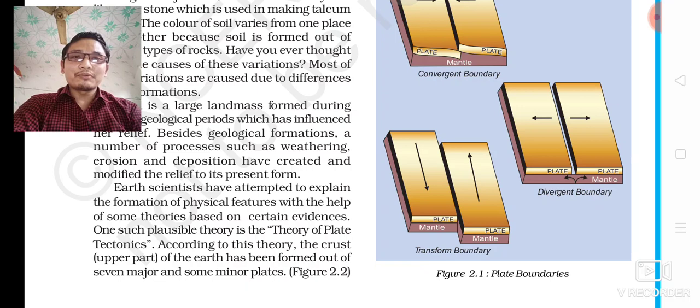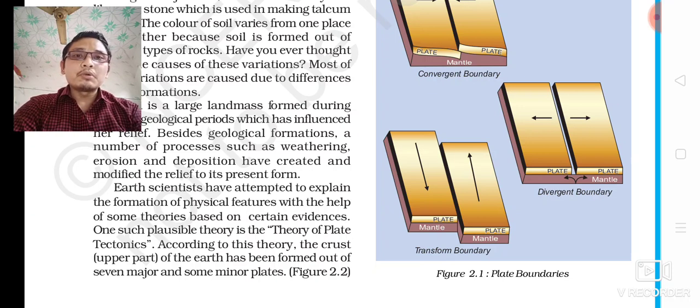features. Point number 1, India has various landform or different physical features because the landmass of India was not formed at the same time. That means different landmass of India were formed in different geological periods, that means in different times.